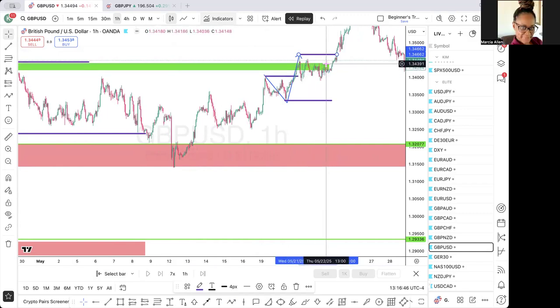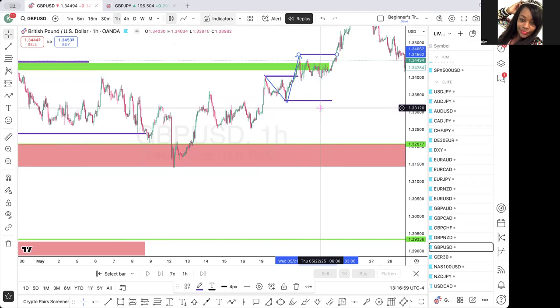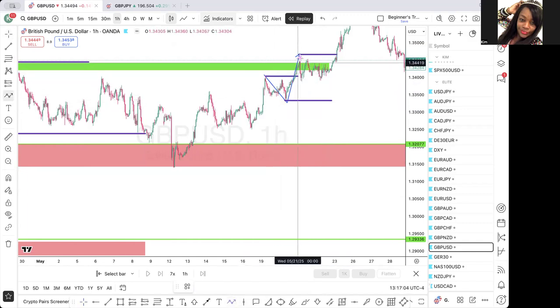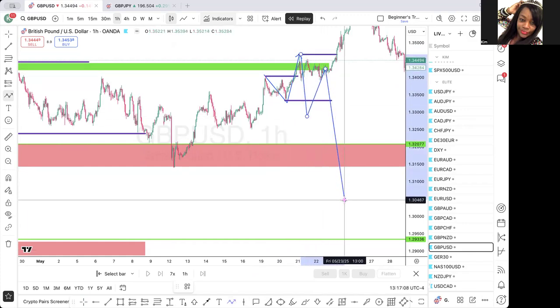you have to wait for price to break the high or the low. All this right here in between is tricking people into thinking that price is in the zone and it's going to sell. If price is going to sell, price is going to break this low, pull back, and then start selling.